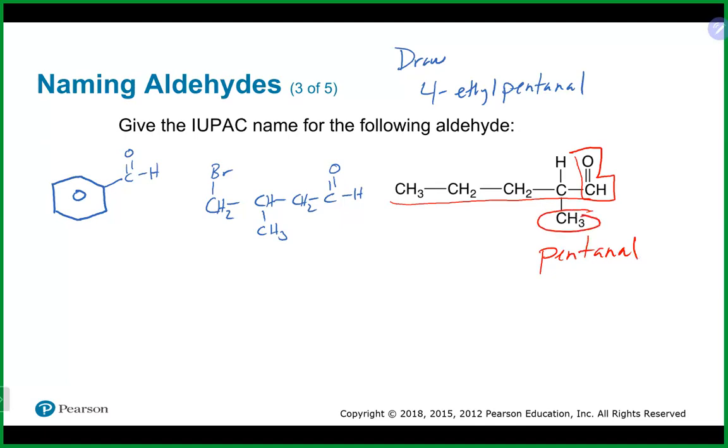Although we do not need to give the location of the aldehyde group, this carbonyl carbon has to be carbon number 1 for numbering, which means our methyl group will be at carbon number 2. This would be 2-methylpentanal. Any question on that name there?